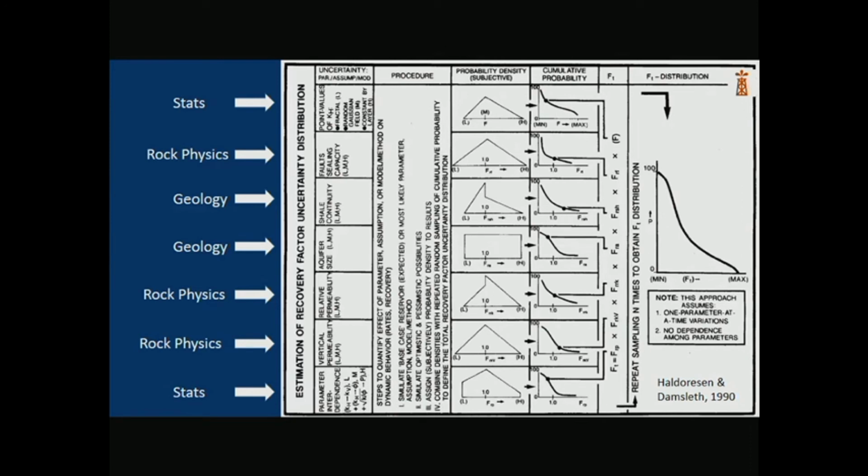And again, this is from that same paper in 1990, where they were already thinking about how to do multi-stage uncertainty propagation, where we have a whole series of different aspects, so permeability, aquifer size, parameter interdependence. For each one, they can come up with a probability density function and then combine them all to produce one estimate of the behavior of whatever it was that we want to predict.